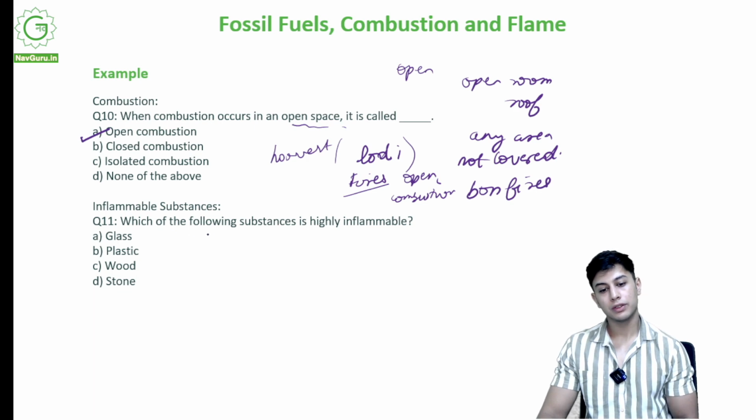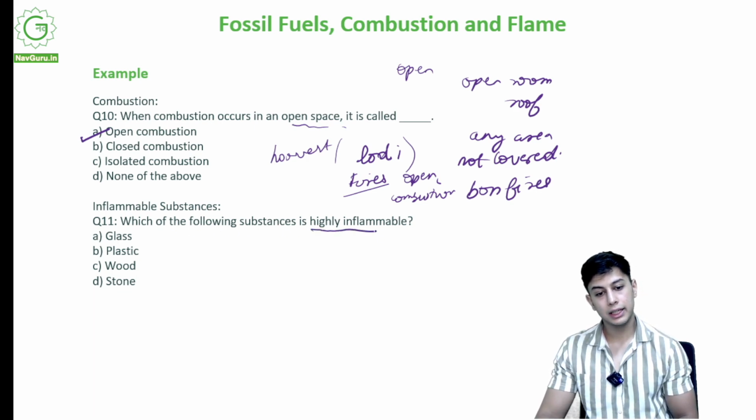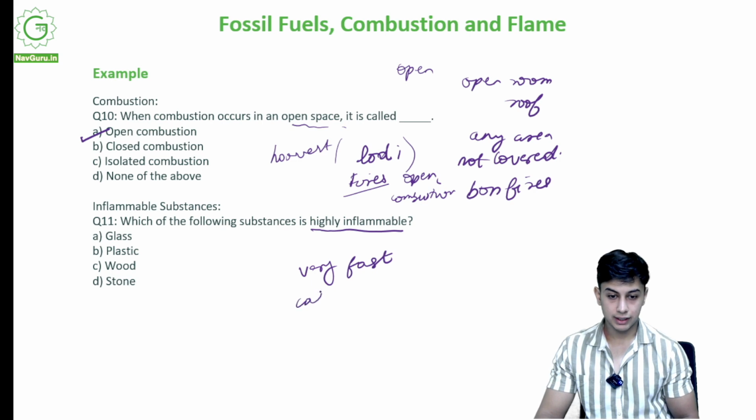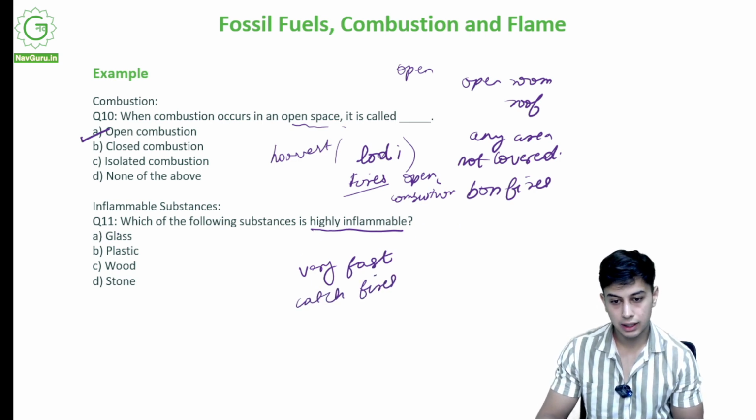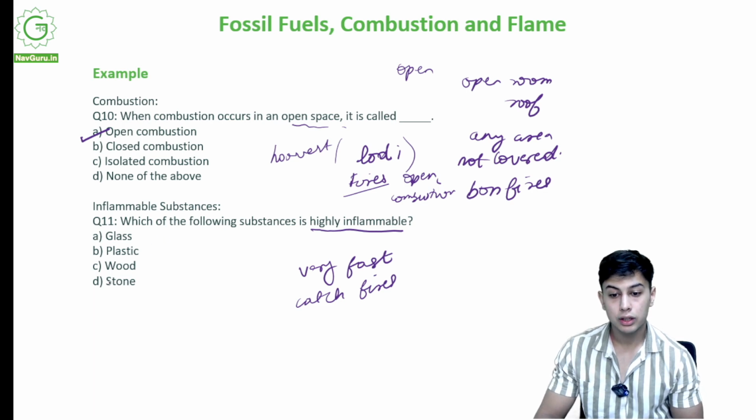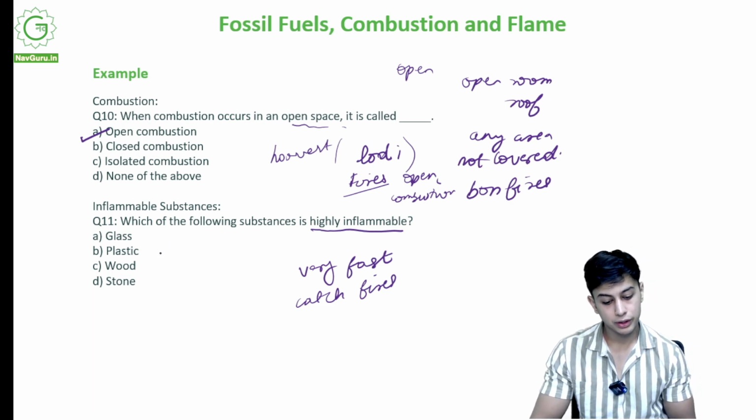Okay, inflammable substances. Now, which of the following substance is highly inflammable? What do I mean by highly inflammable? It will burn very fast, catch fire. Highly inflammable substance: glass, plastic, wood, stone. Which one of these?